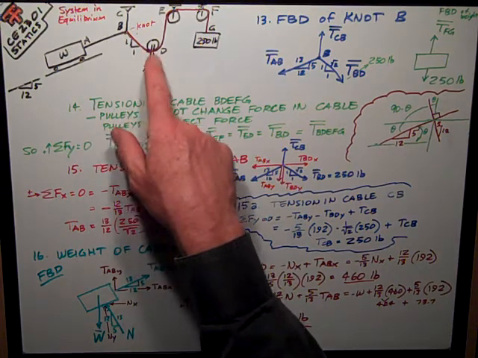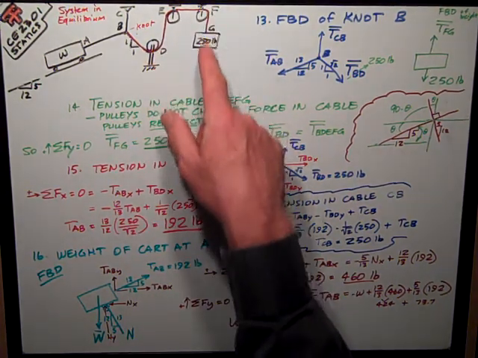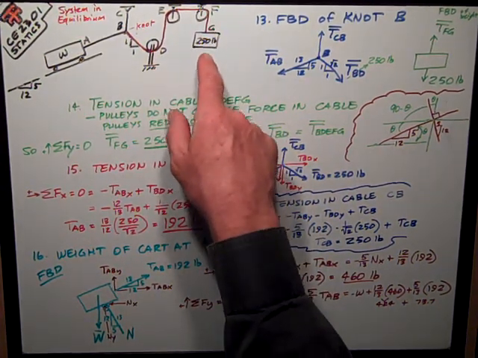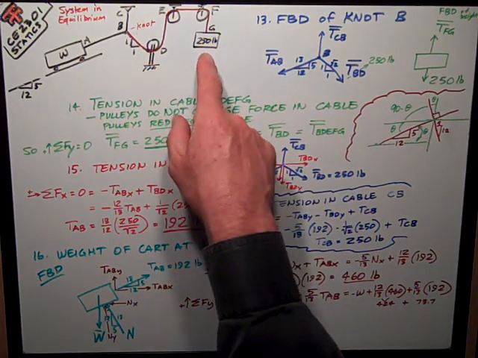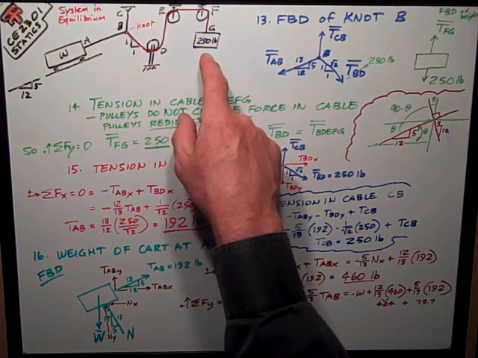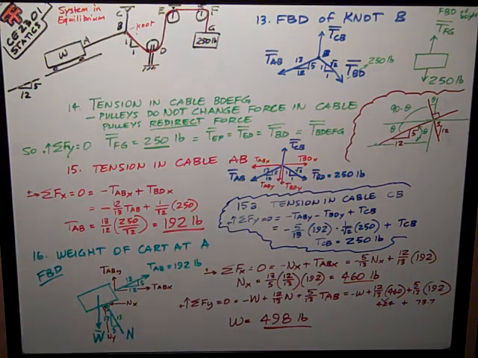It runs under this pulley, over these two pulleys, and back down, and has a 250-pound load supported from it. I'm told that the system is in equilibrium, so it's just balanced.